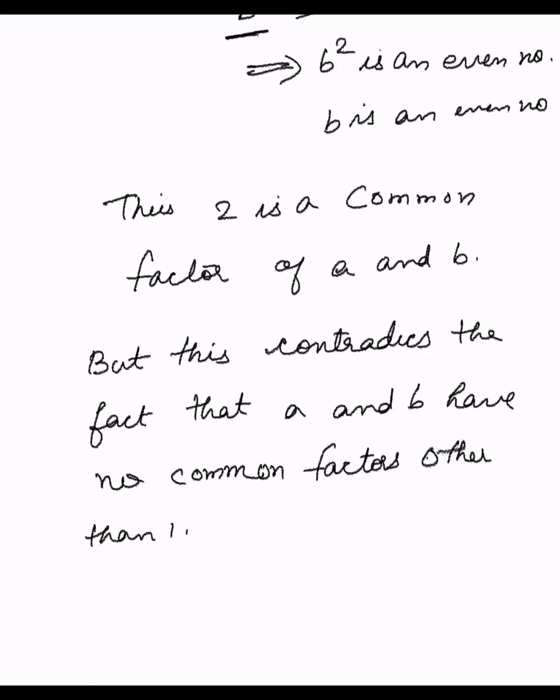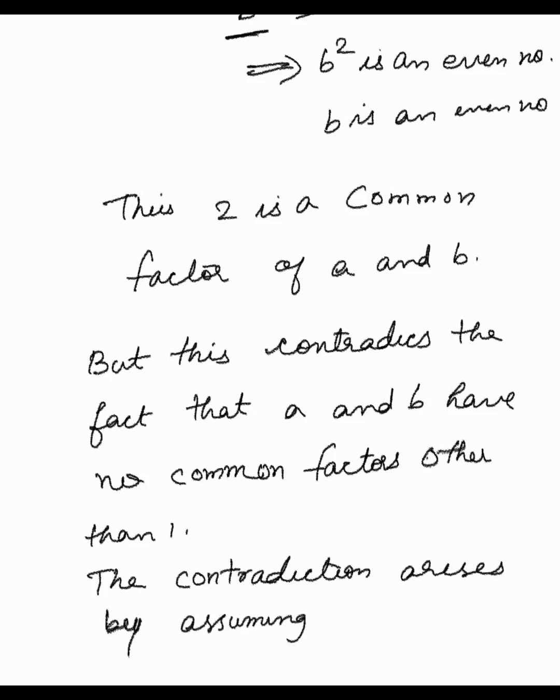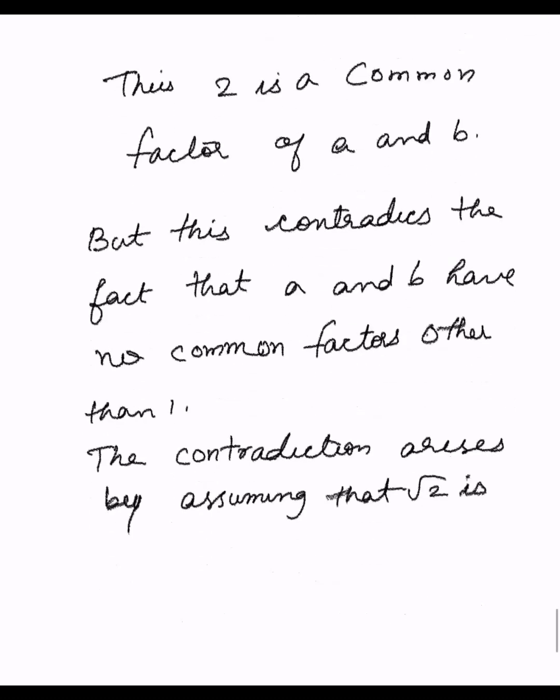So that's the final statement: the contradiction arises by assuming that root 2 is rational. Hence, root 2 is irrational.